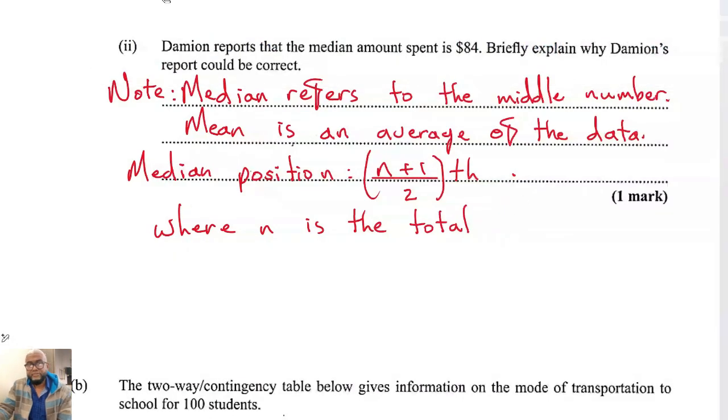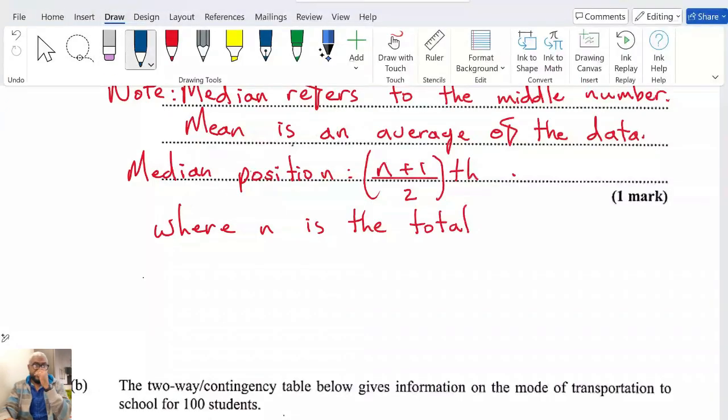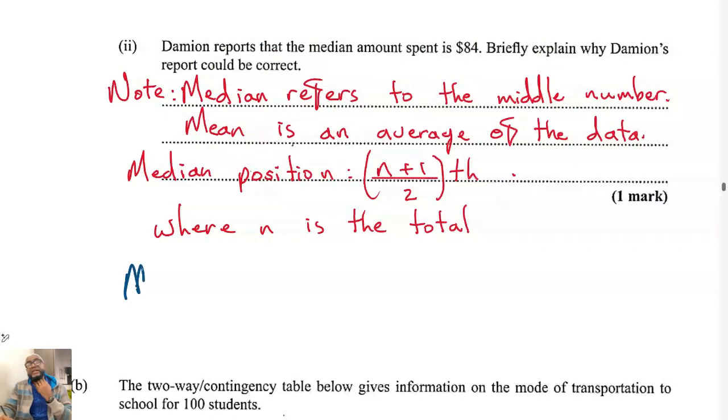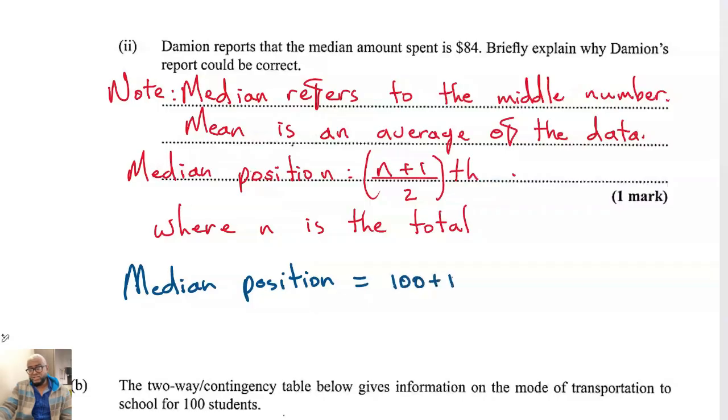So if I want the median position, while you're writing this, we could just build this out one time, right? So median position would actually be equal to n, which in this case was 100, plus 1, divided by 2.